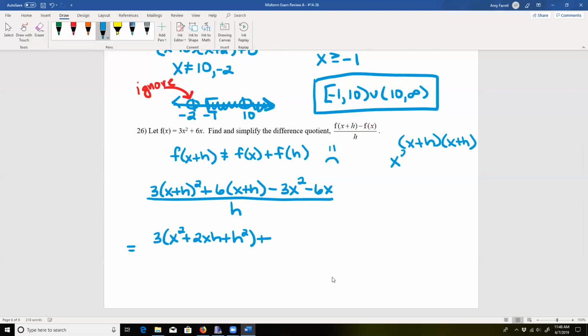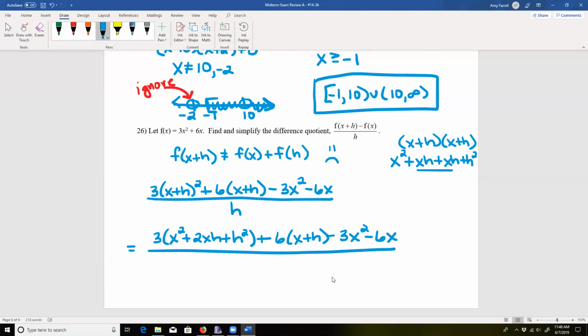You're going to get x squared plus xh plus xh plus h squared. I combined like terms in the middle to get a 2xh. I won't distribute just yet. I'll do that in the next step. Minus 3x squared minus 6x all over h.